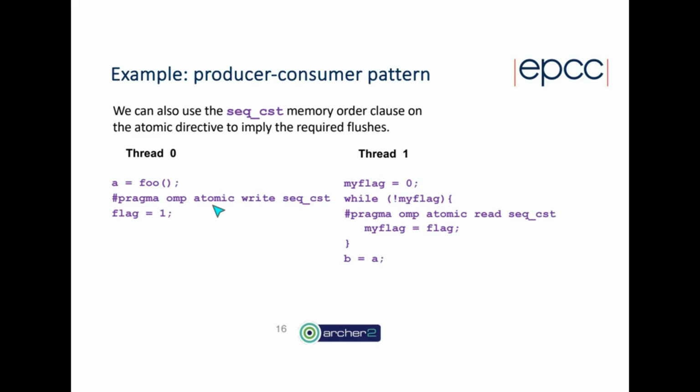So it actually is possible to code this thing correctly using atomic reads and writes and the sequential consistency modifier. But again, that's a quite tricky, difficult thing to get right, and I strongly advise you not to try to do this unless you absolutely have to. So I strongly recommend that you don't try rolling your own synchronization constructs.